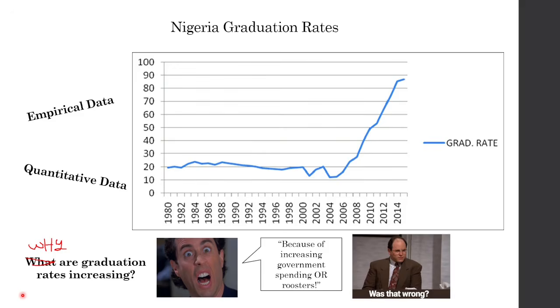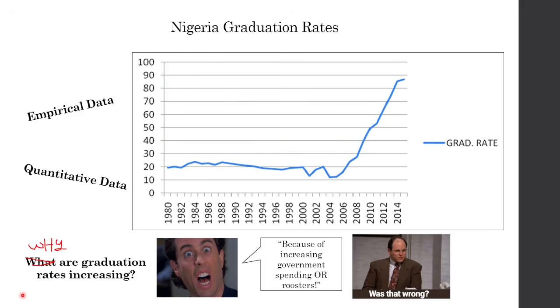Could they be increasing because there's better teachers, or because of the change in the student to staff ratio, or the development of schools, or changes in the curriculum, or maybe these students have parents that motivate them more, or maybe their environments are more motivating or have fewer distractions, maybe access to the internet or advanced communication and transportation technologies impacts their success rate. There's so many factors that it's very hard for political scientists to pinpoint a single one.